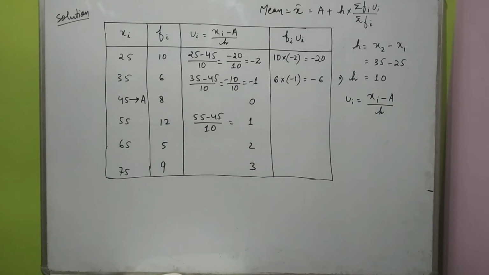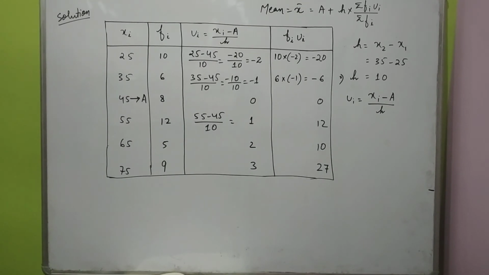The second row, 6 multiplied with minus 1 gives minus 6, and the third row, 8 multiplied with 0 gives 0, and thus we complete the entire table of xi, fi, ui, fi ui.